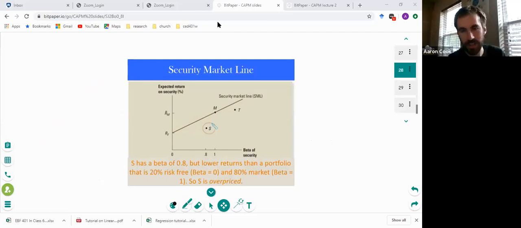And so you'd expect asset S to have to drop in price. It would be currently overpriced, and so you'd expect it to drop in price because it's currently out of sync with the market as a whole.